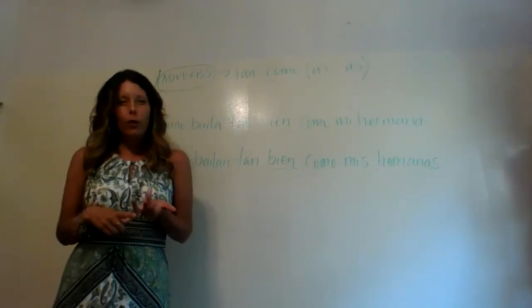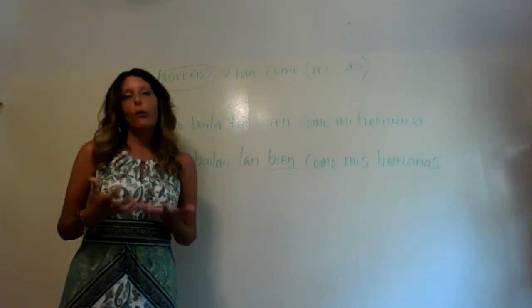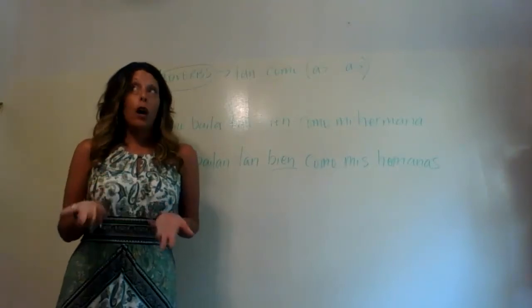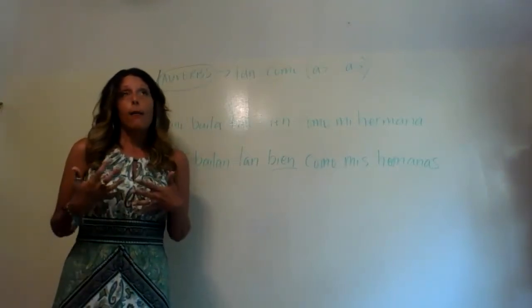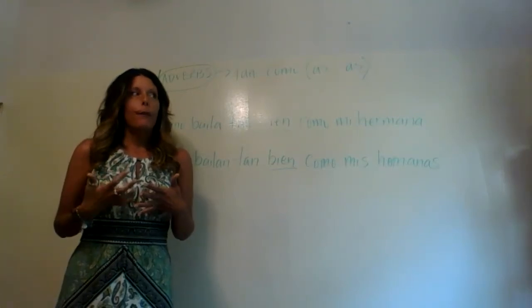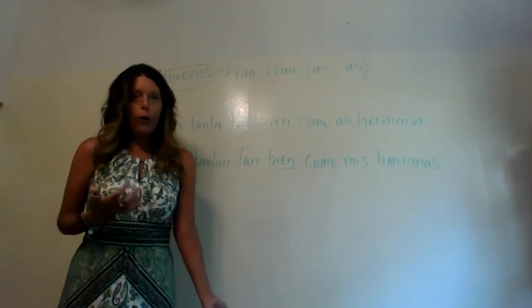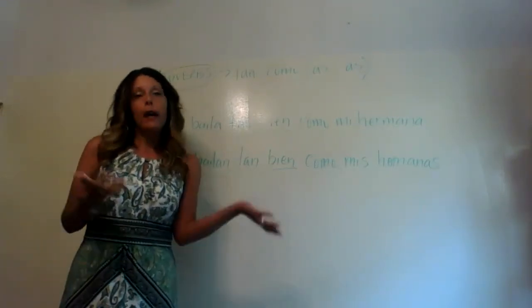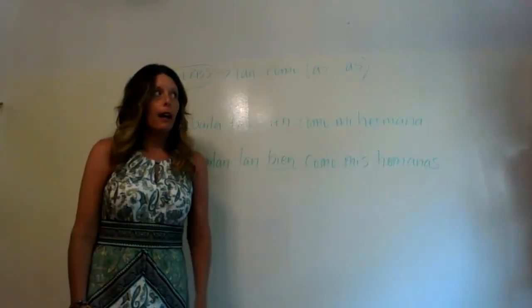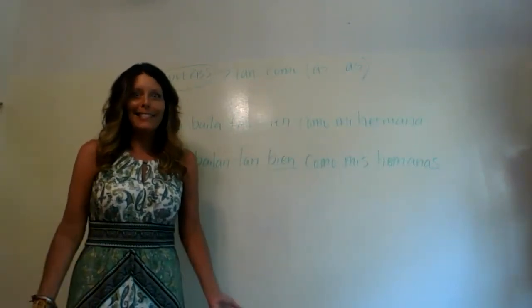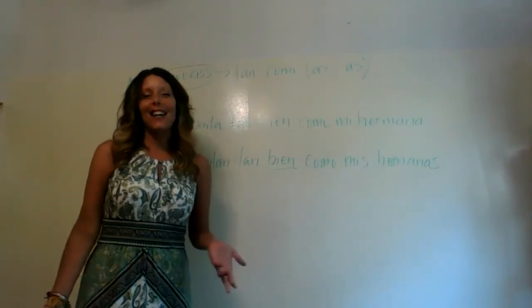If we said lento or despacio, doesn't matter whether we're talking about someone who runs slowly or quickly. If that someone is a dog or a cat or a man or a woman or an elephant or, I don't know, caterpillar. Doesn't matter who does the action.